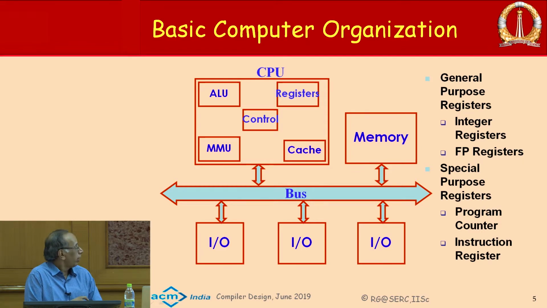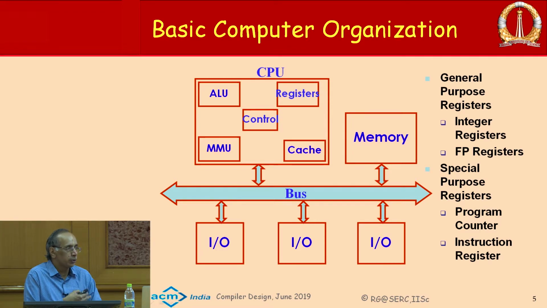All right. So, again when you talk about registers, there are two types of registers: integer registers for storing integer values, floating point registers for storing floating point values. In addition to that, there are also some special purpose registers, right? And you as a programmer or a program may not use these things as general purpose registers.